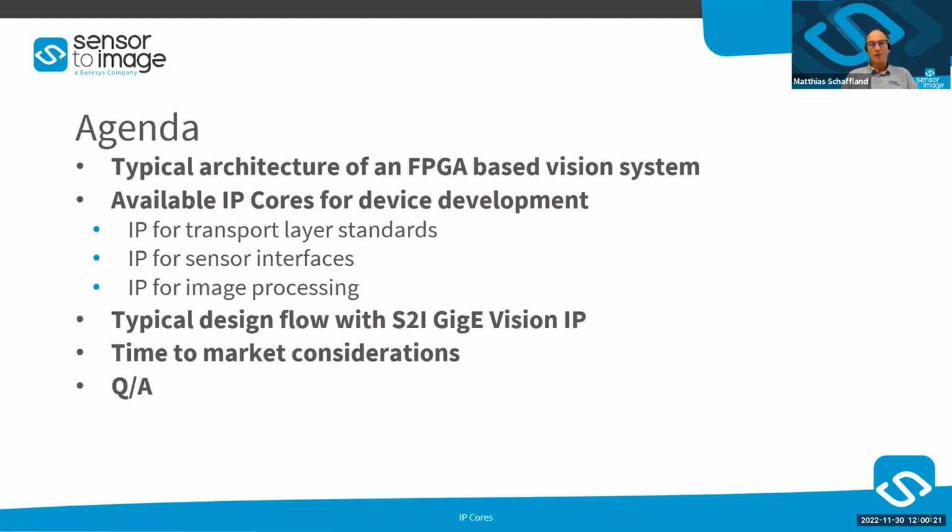Then I give you an overview about available IP cores from our company, but not only, followed by the typical design flow if you use one of our IP cores to get an impression how that works in practice. And at the end, to give you some financial ideas, time to market considerations, what benefit you get, not only from the technical part, but also from the timing part, using off-the-shelf IP cores.